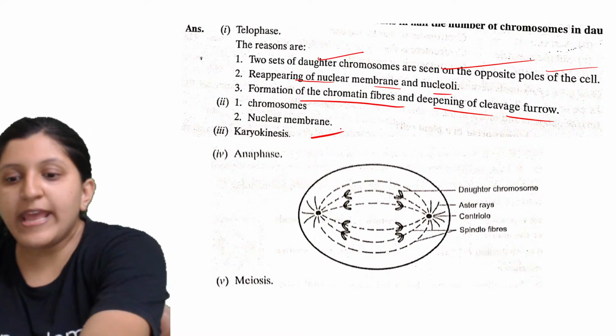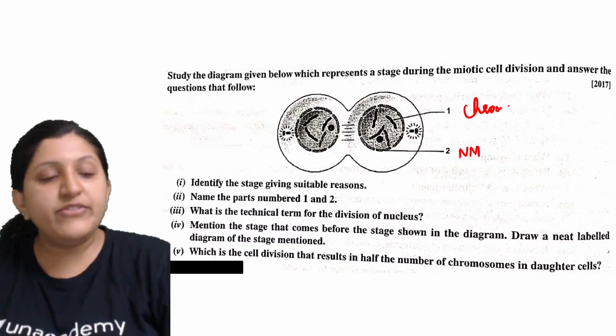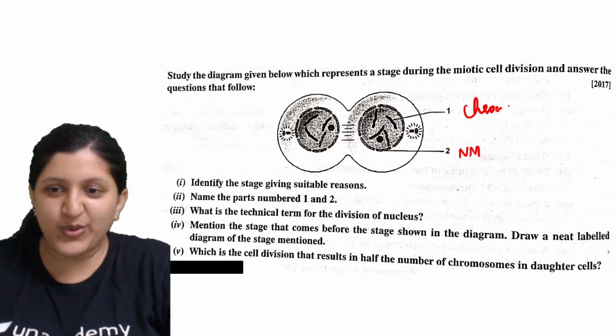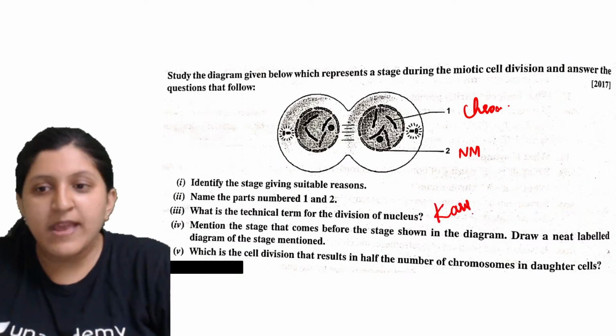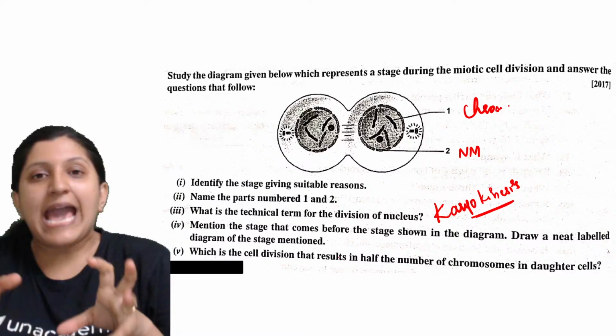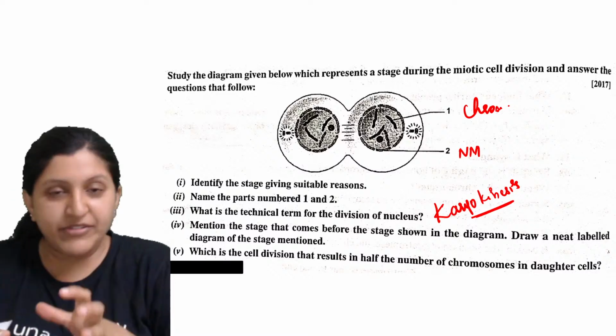Okay. So next question is what is the technical term for the division of the nucleus? Karyokinesis. When we mention karyokinesis, basically division of nucleus you can find. So prokaryote, eukaryote, you have heard these terms, right?